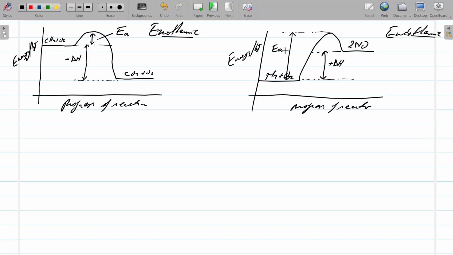Endothermic reactions occur at higher temperatures, because they need energy. We'll talk about this more in the next chapter. So they are favored or occur at higher temperatures, and these are favored at lower temperatures. Why? Because they are giving out energy, so they don't want the surrounding to be hot already.